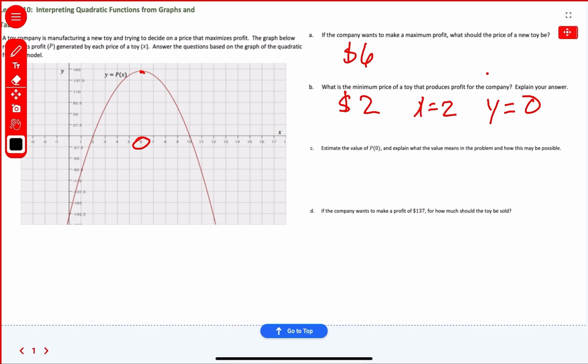Estimate the value of P of 0 and explain what the value means in the problem and how it may be possible. $192.50, is that what you said? Okay. What does that mean? Why would you be in debt?